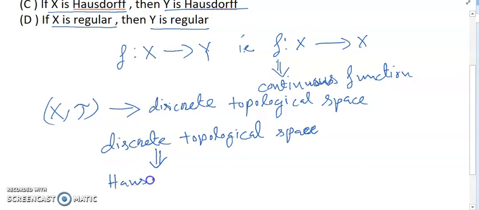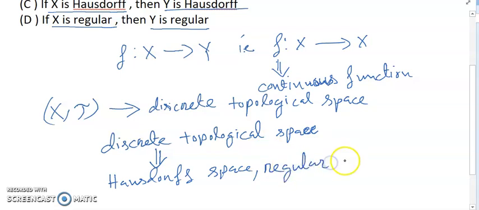Hausdorff space. Another is regular space. It is also regular. And first countable. What is a first countable space?